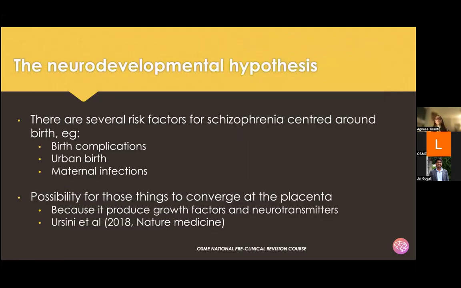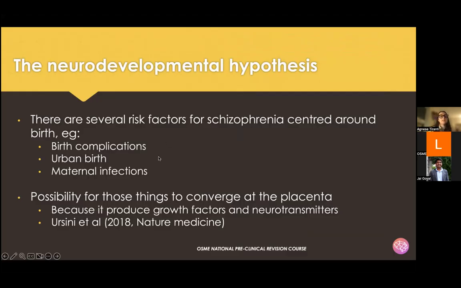And then the neurodevelopmental hypothesis. The base of this is that there are several risk factors for schizophrenia, which are located around birth. So for example, birth complications, birth in cities, infections in the mother. And when they looked at this correlation and hypothesized why, they thought that it could be because they converge at the placenta.